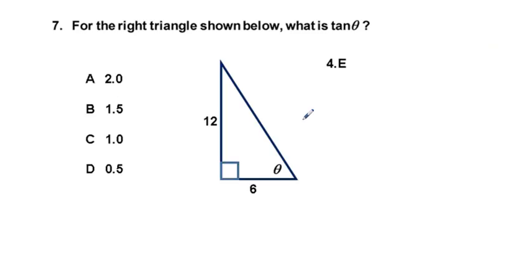For the right triangle shown below, what is tangent of theta? Well, tangent, I have my little acronym to help remember things. Tangent theta is adjacent, nope, opposite over adjacent. And so for this theta here, our opposite is going to be 12.